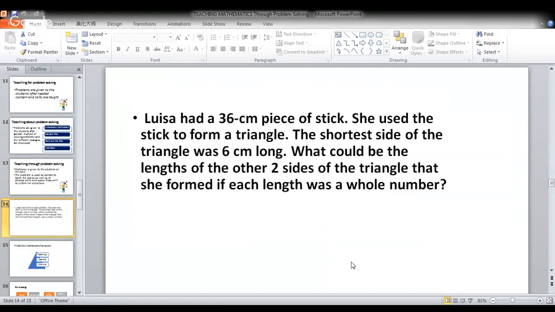So you see, for this problem, you have different ways of doing it, and you have different answers. Is it only 15 and 15? Merced also has the same answer.